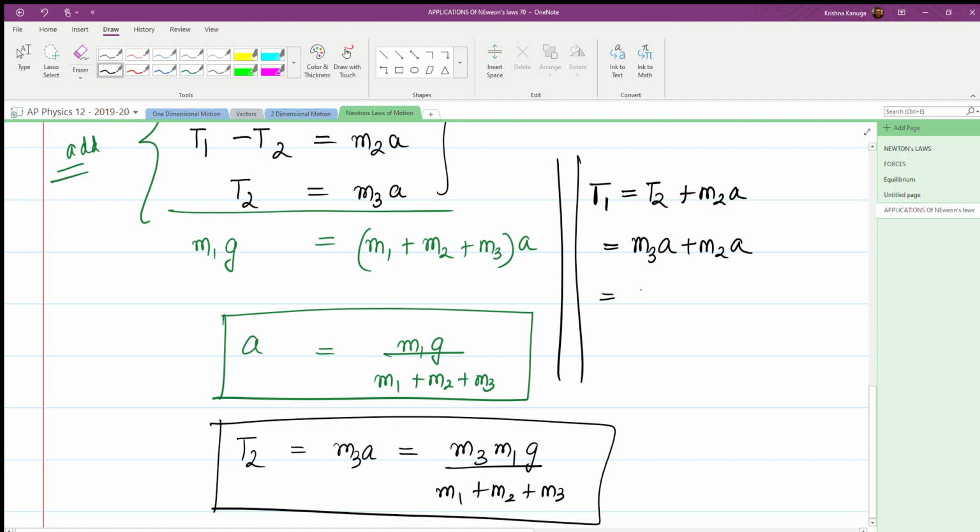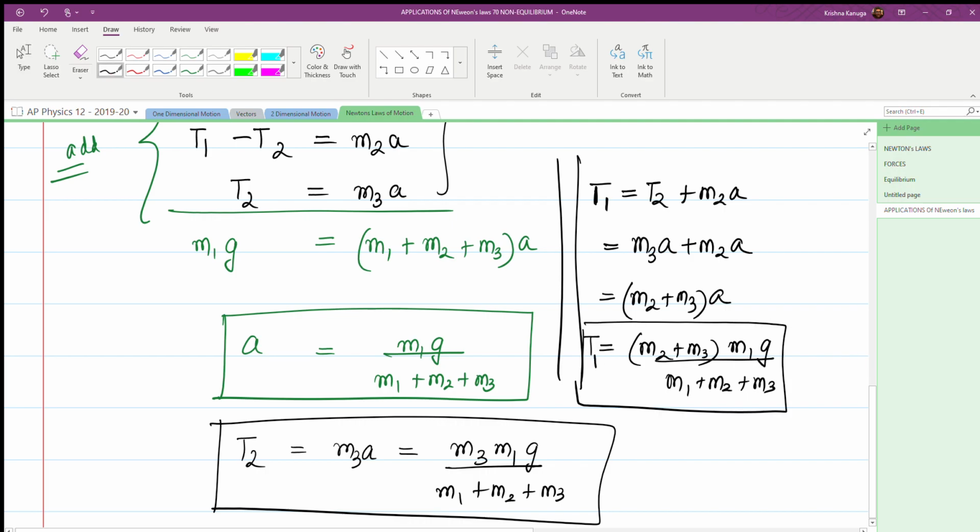And now I can rewrite this as M2 plus M3 times A, and we already know what A is. So we have M2 plus M3 times M1G over M1 plus M2 plus M3. And we have the three things that we were looking for in the problem.